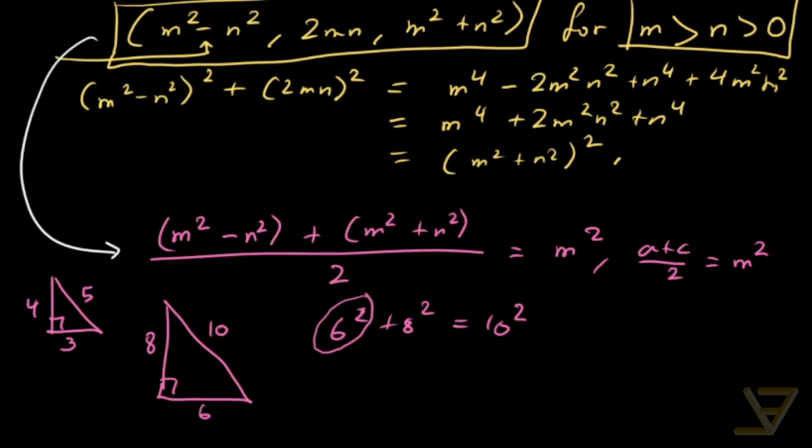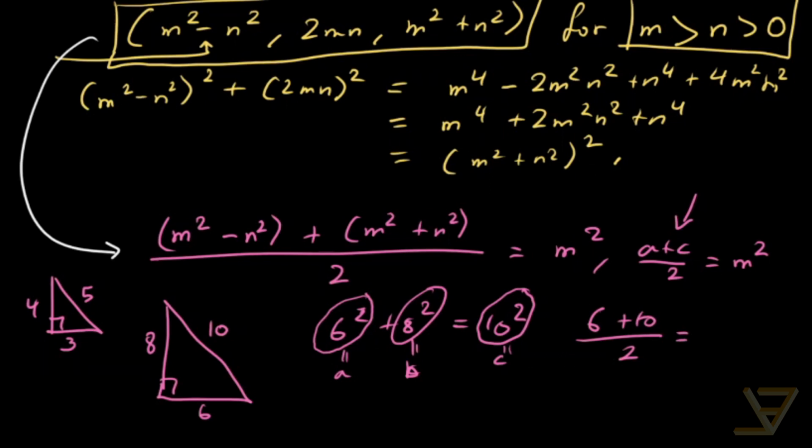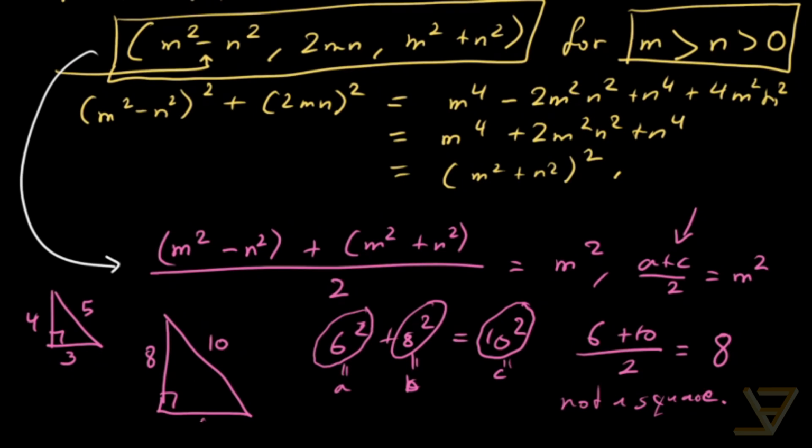If we take it as a, and we take 10 squared as c and 8 squared as b, then we need a plus c over 2 to be m squared. 6 plus 10 over 2 is equal to 8, and that is not a square. So this is not parametrized by Euclid's formula.